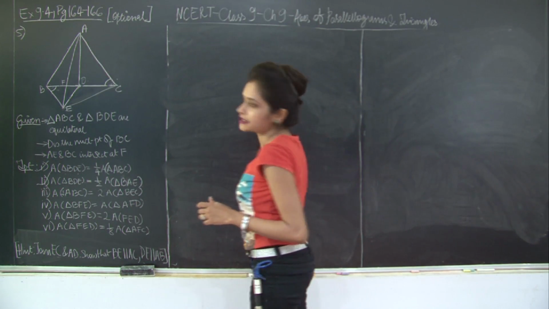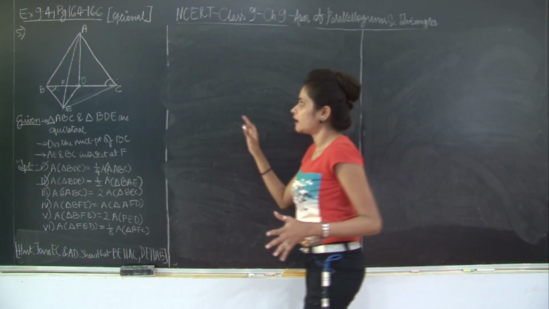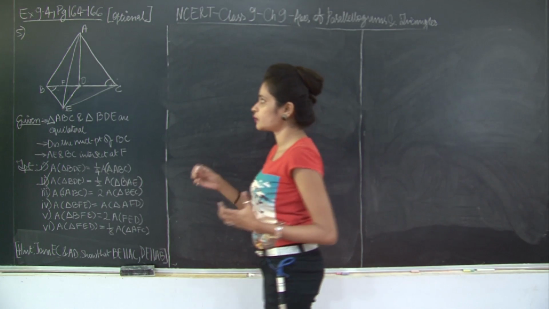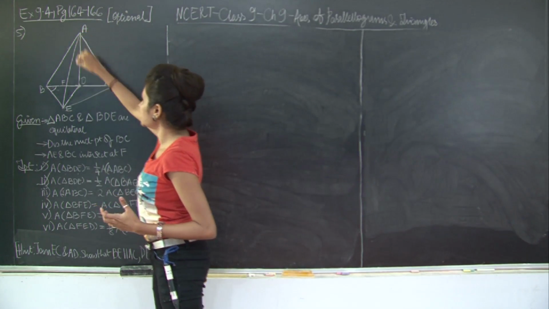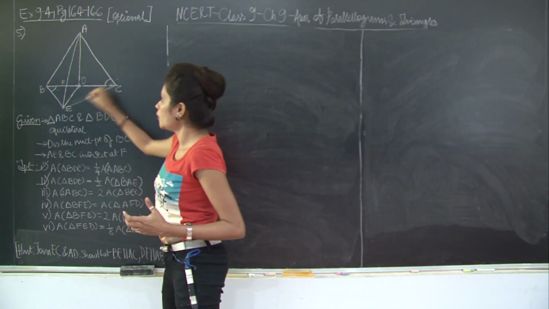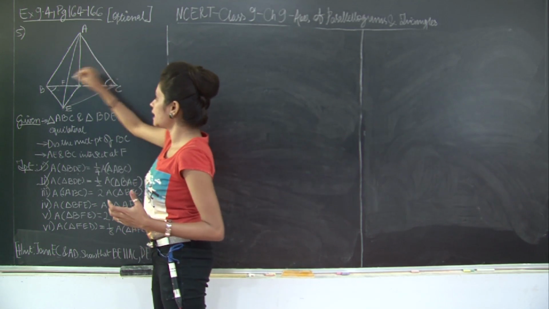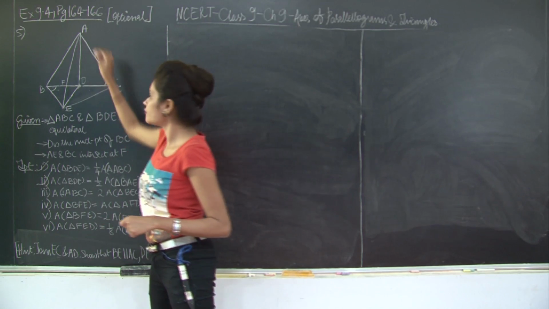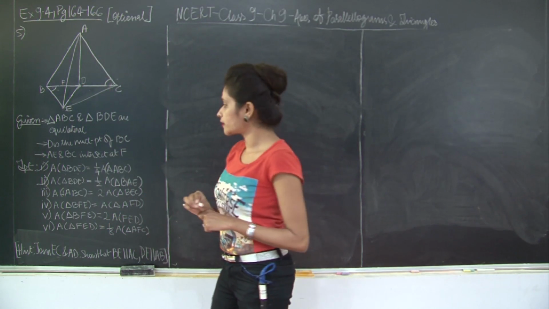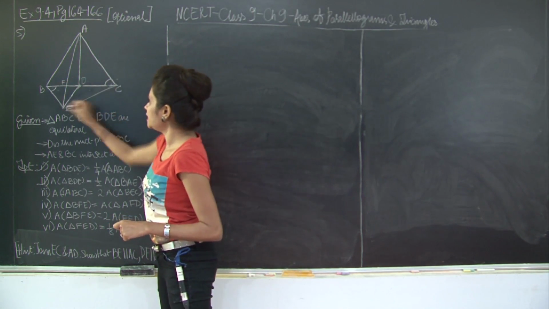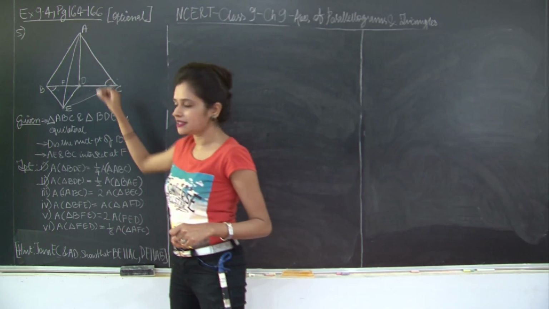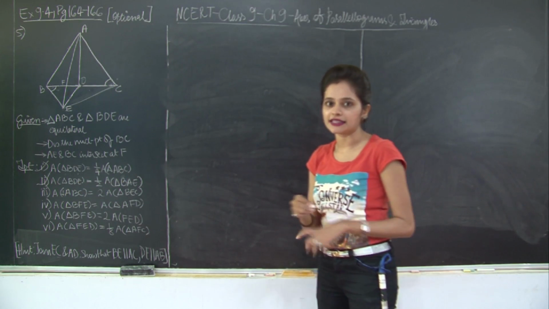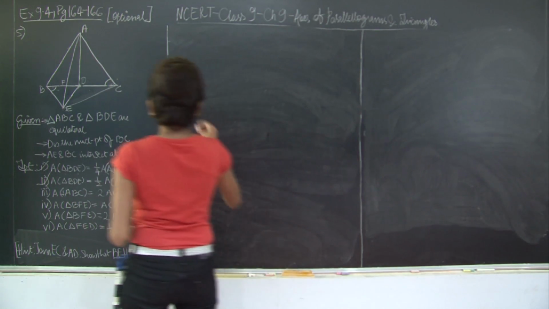See, I have erased the board, but if you look back in this video, or if you're taking down notes, you must have seen that we proved that ADC is equal to BEC. The areas of ADC and BEC are equal, and also that ADC is equal to half of ABC. Therefore, what can I say? That BEC is equal to half of ABC, whereby we get ABC is equal to twice area of BEC. So, let us write this down.